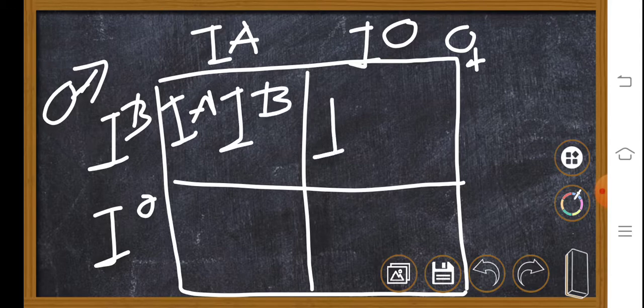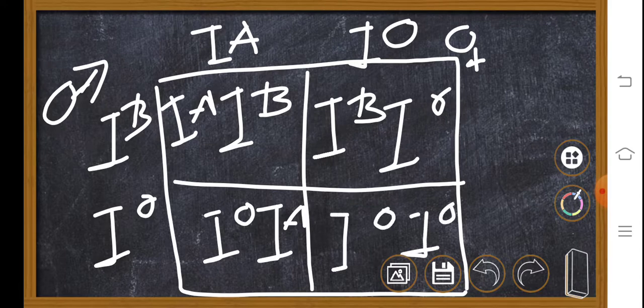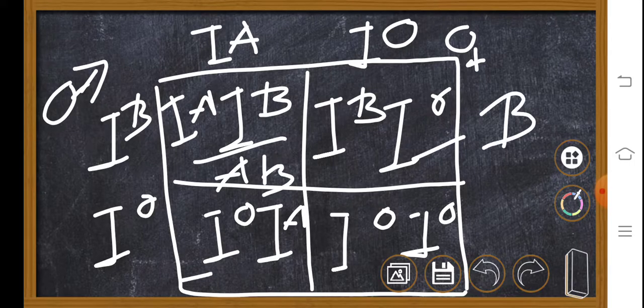Now IB I naught, IA I naught, and I naught I naught. So what will be the possible blood groups of their children? It may be AB, it may be B, it may be A, or it may be O.